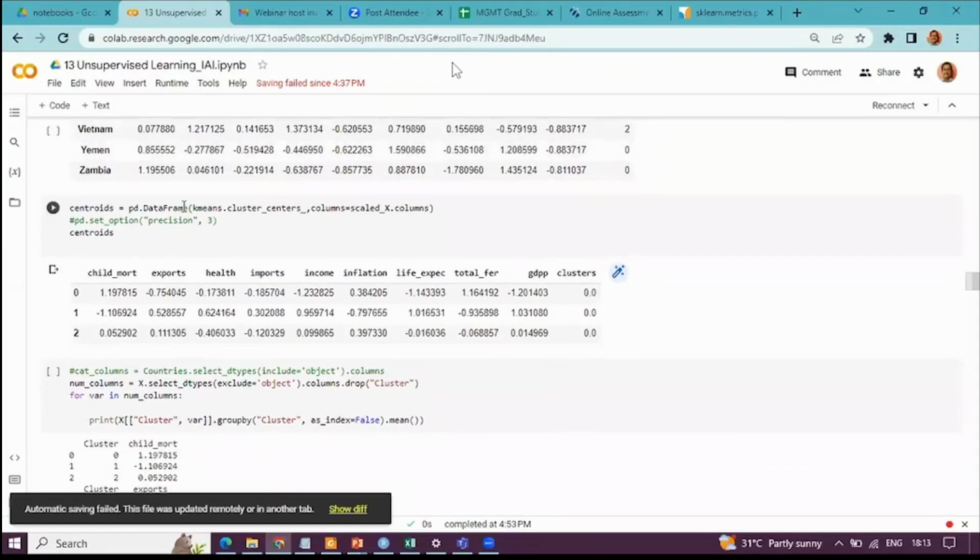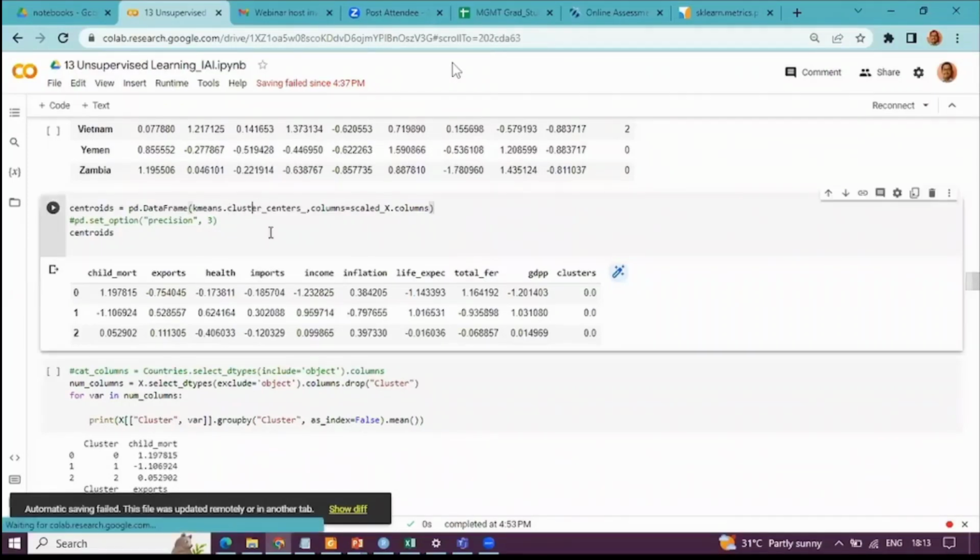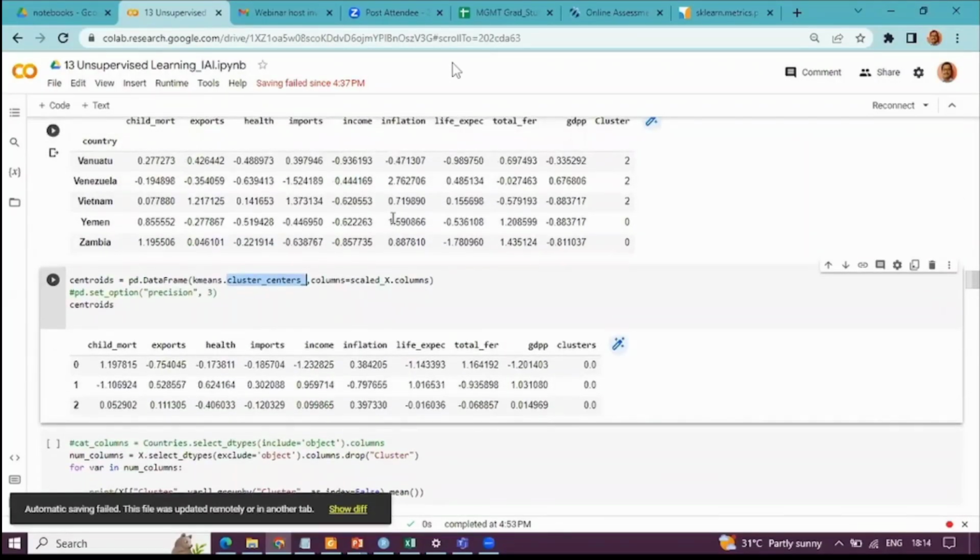So what we are simply saying is, based on the cluster centers, you take the cluster centers for each of the columns. Which means for cluster 0, you take the cluster centers for all the elements belonging to that cluster. Similarly, for each of the columns, you find the cluster center.